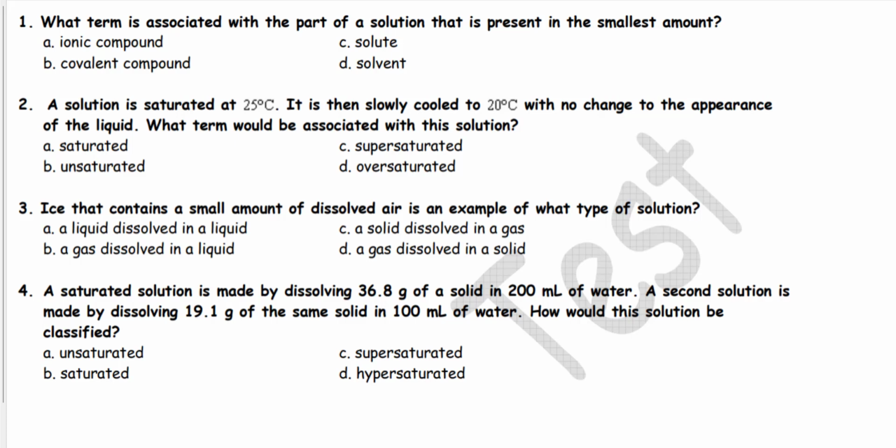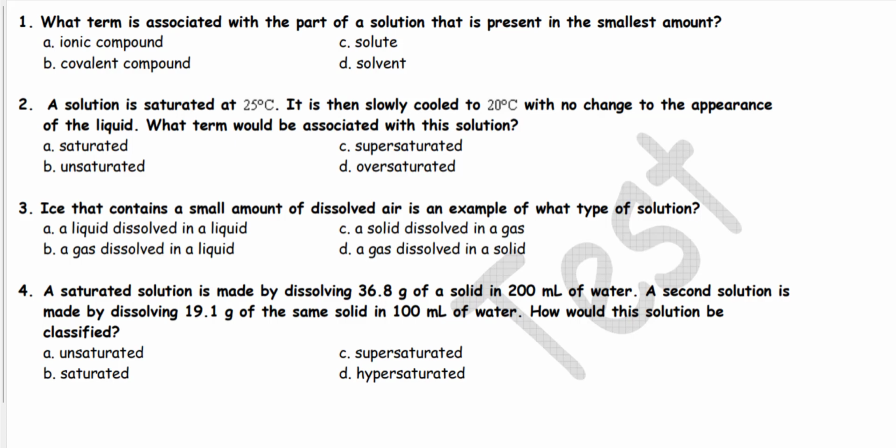Close. So, a solution is saturated at 25 degrees Celsius. So that's saturated. But then when you decrease it, yeah, go ahead. So, okay, so then what happens is the warmer a solution is, the more you can dissolve into it, right? Like if you have water and if I put sugar in it, if I warm the water, I can dissolve even more sugar.